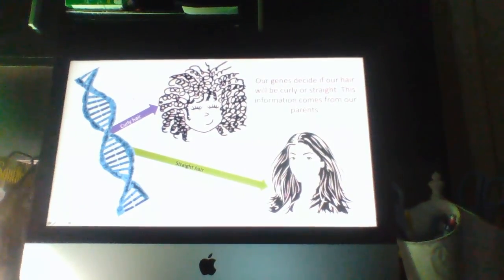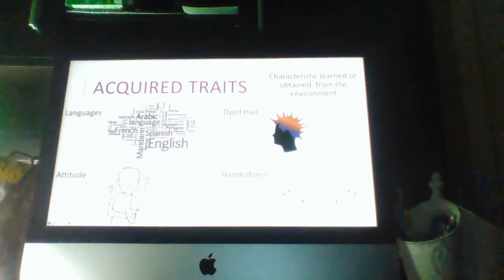Now we also have genes that decide if our hair is going to be colored, curly or straight. This information comes from our parents. There are some acquired traits that are characteristics that we get from the environment, like handedness, left or right hand, dyed hair, languages. We learn that from our environment, and our attitude.